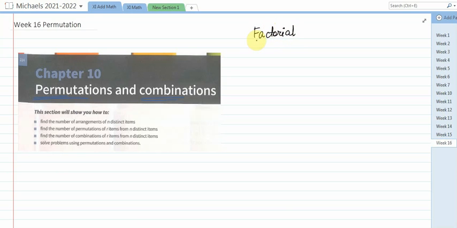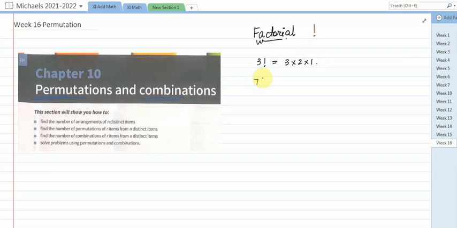What is a factorial and how do you find the factorial of any number? Factorial is denoted by an exclamation mark. That is the symbol for factorial. So if it says 3 factorial, it will be 3 times 2 times 1.